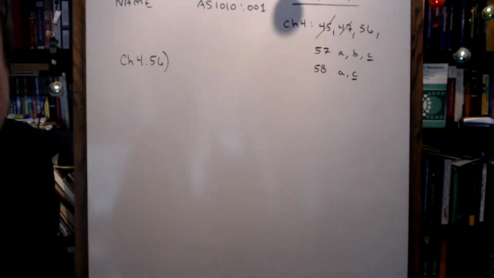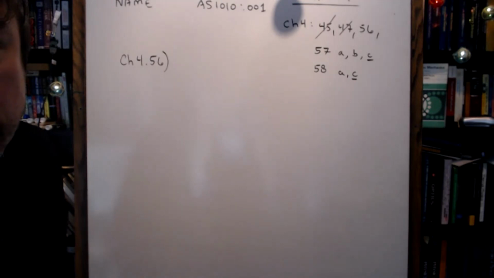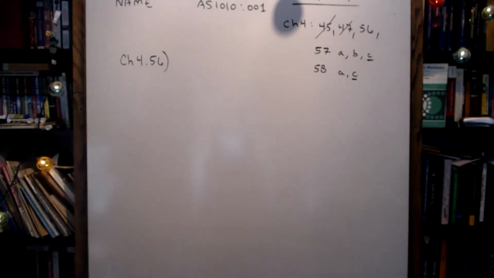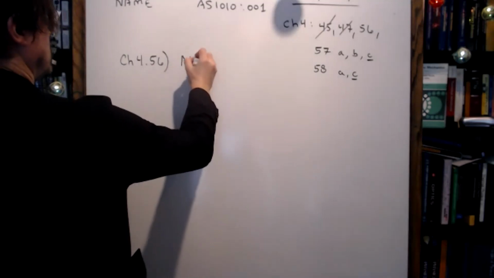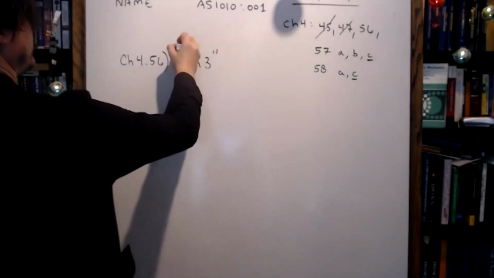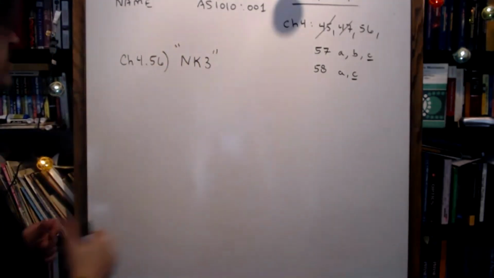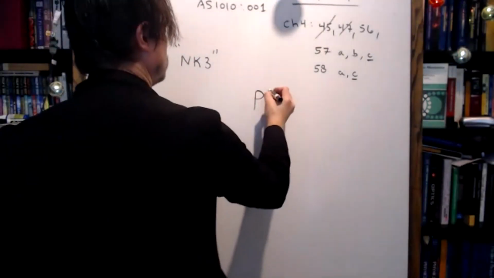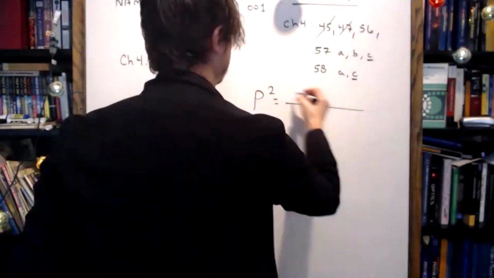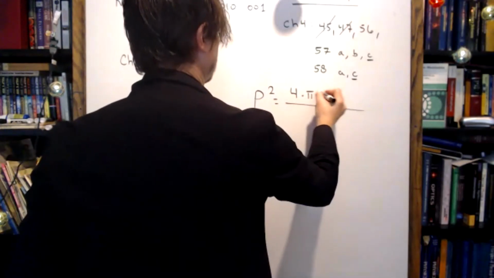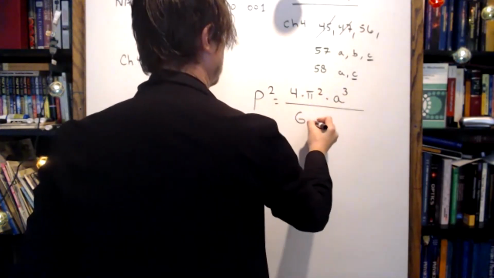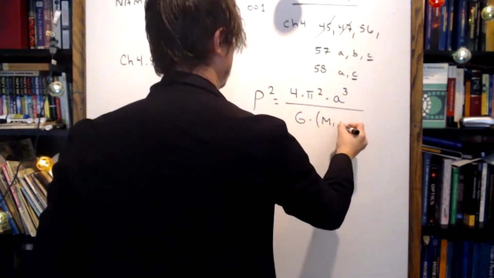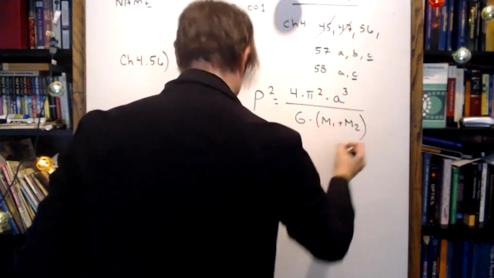Okay, so 56 says, find the orbital period of a planet in each version of Kepler's third law. And it says part A, a planet with twice Earth's mass orbiting at a distance of 1 astronomical unit from a star with the same mass as the sun.